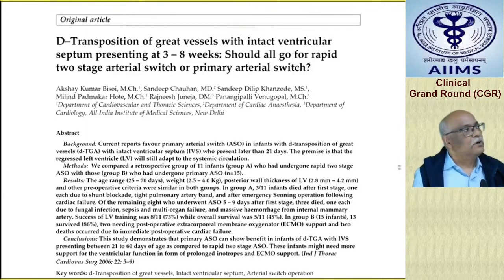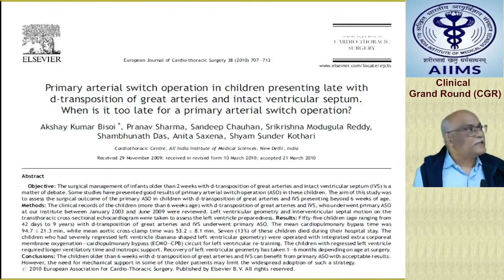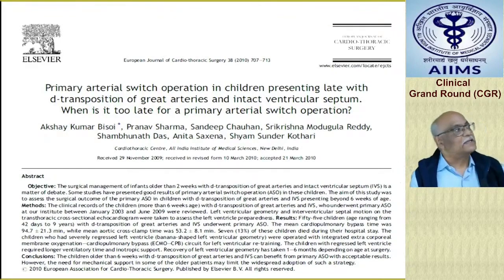I will show you. We had the first successful ECMO survivor in India in 2005. So we incorporated ECMO as a safety measure because we are venturing into a boundary where the world has not gone and we cannot compromise the safety. In the next paper, we took from 6 weeks to 9 years now.